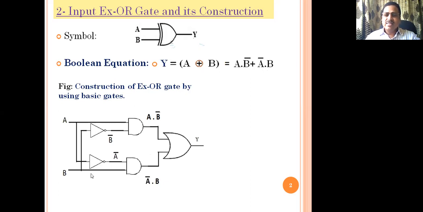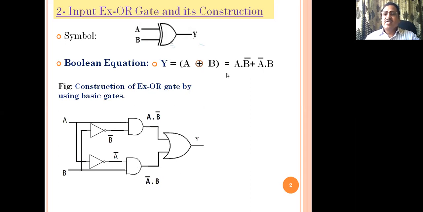Then apply the second input B to the second AND gate, whose output will be A bar and B. Now, these two outputs of the AND gates are given to the input of one more basic logic gate, a 2-input OR gate, whose output Y will be, as per the equation, A and B bar or A bar and B.